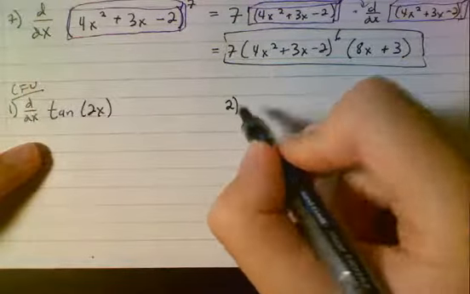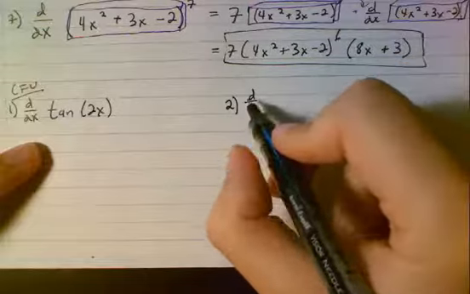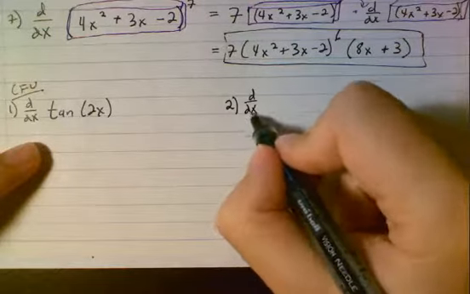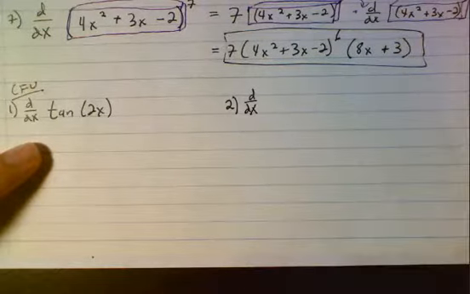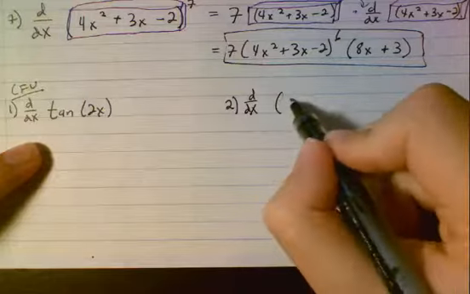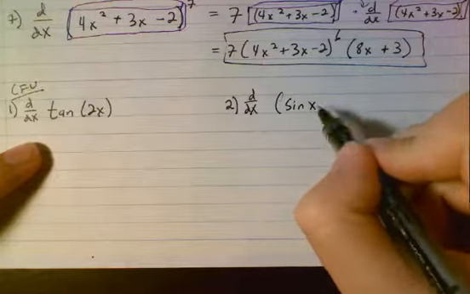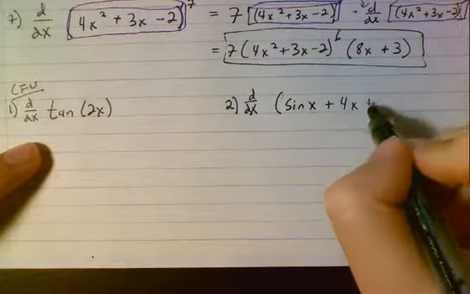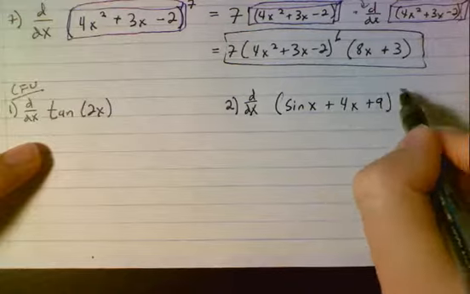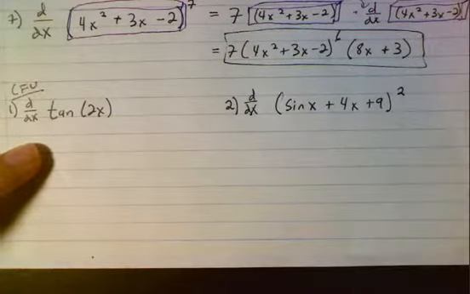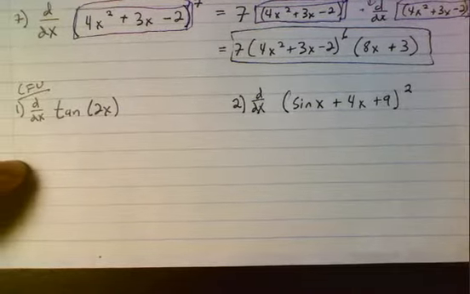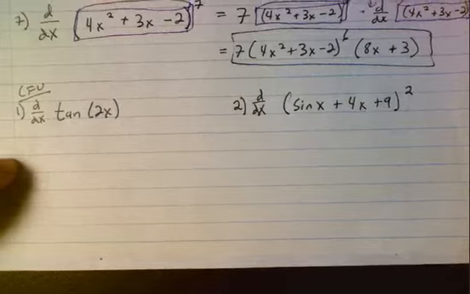And for the other one, I'd like you to find the derivative of the sine of x plus 4x plus 9 squared. Do those on your own. Pause the video now and resume when you're ready.